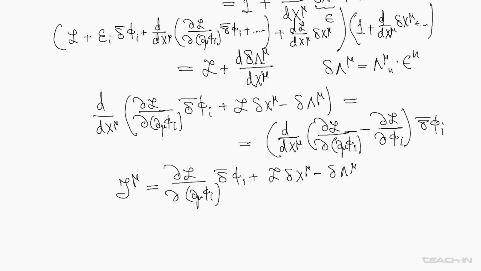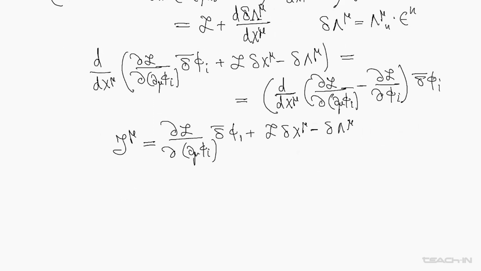Or if you're talking just about the expression above, then this is telling you that the divergence of this current J mu is given by a linear combination of Lagrangian derivatives, and this linear combination involves the variation of the form of the field phi I.